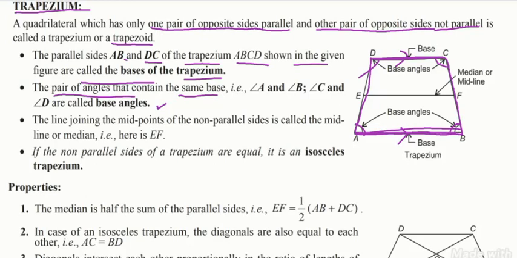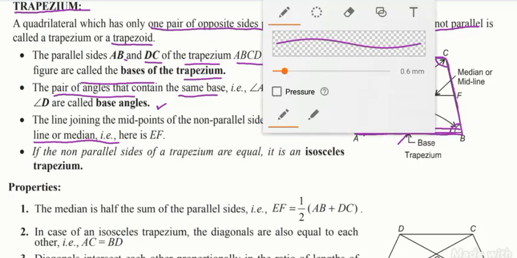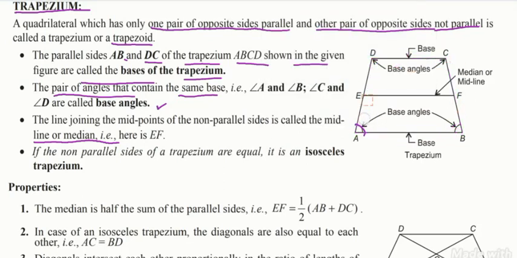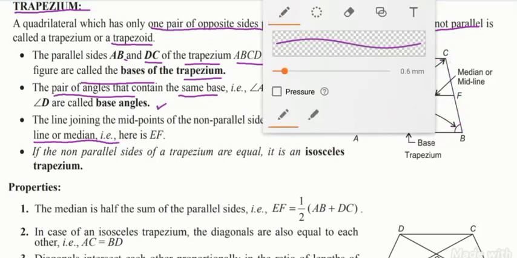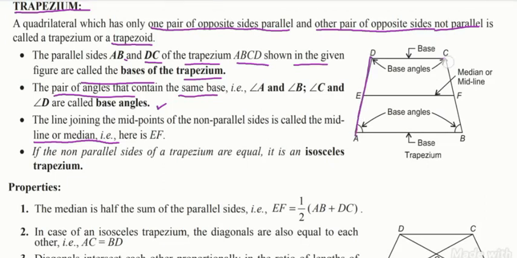Okay. Next, the line joining the midpoints of the non-parallel sides is called median line or simply median. Here we have non-parallel sides, AD and CB.